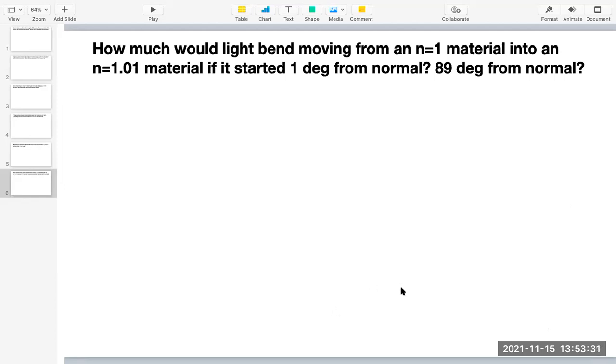So to take this to a slightly bigger extreme, that gives us the physics of a mirage.